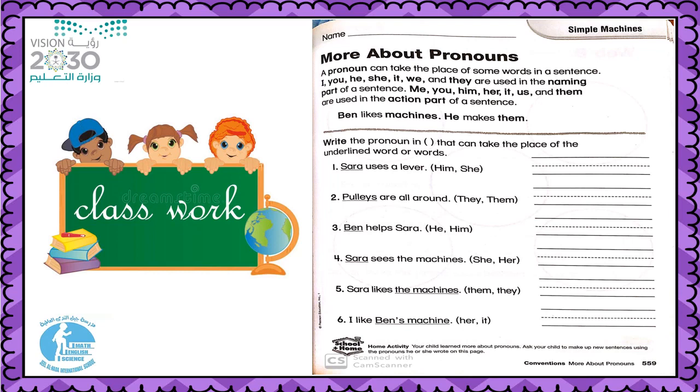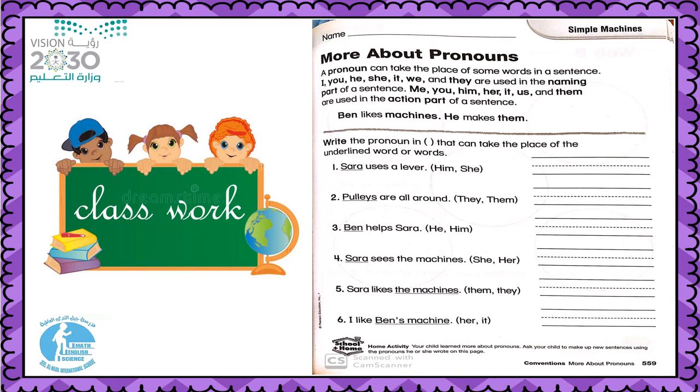Number 3. Ben helps Sarah. There's a line under the noun Ben. Ben is a boy. Do we say he helps Sarah or him helps Sarah? Of course, he helps Sarah. I know he and him are both used for boys, but he is used in the naming part of a sentence.